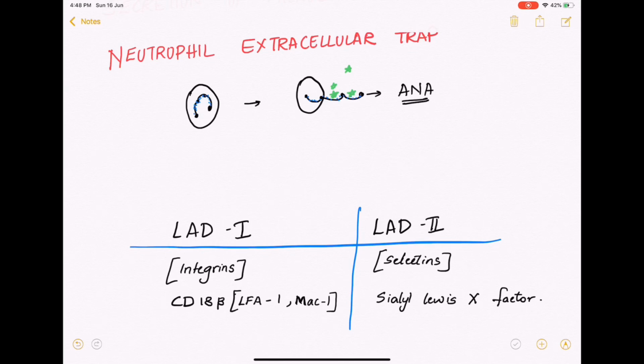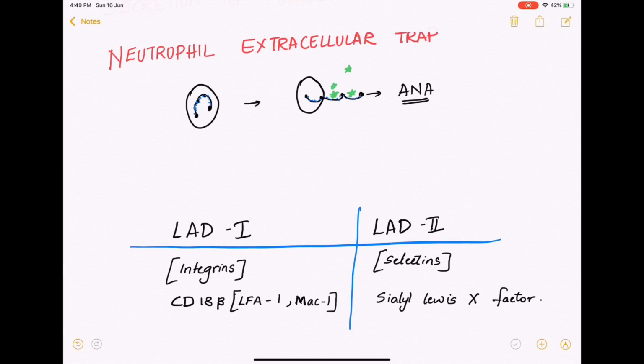We have two types, LAD1 and LAD2, that is leukocyte adhesion disorder 1 and 2. LAD1 pertains to the functioning of integrins, where we have some defect in the CD18 beta subunit of the LFA1 and MAC1 antigens. And in LAD2, it pertains more to the selectin functions.